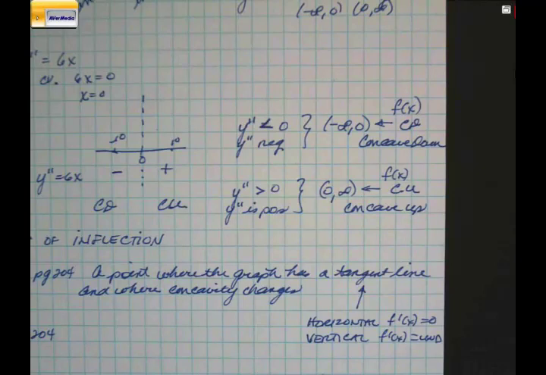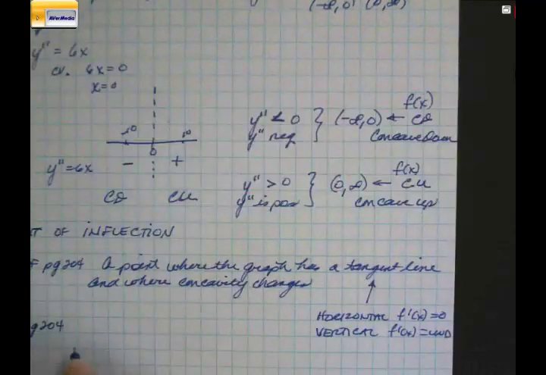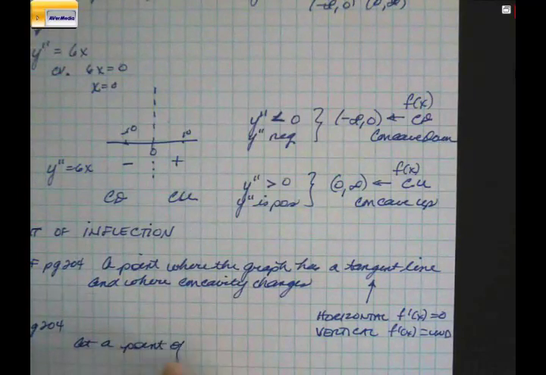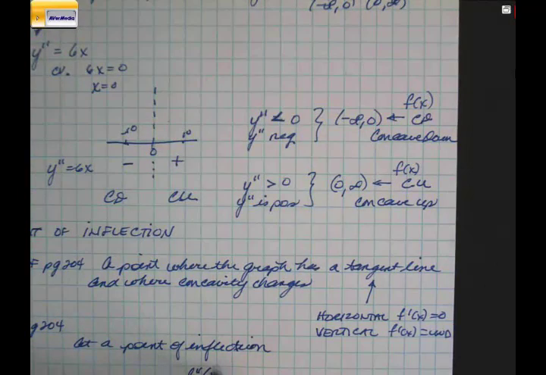Meaning the second derivative of a vertical tangent line is undefined. Okay? So this one says, at a point of inflection, either f double prime of x equals 0 or f double prime of x is undefined or fails to exist.